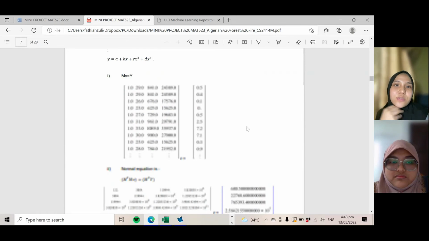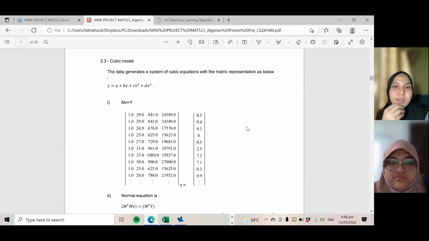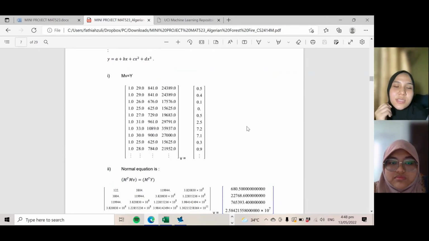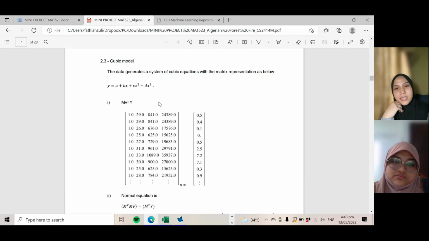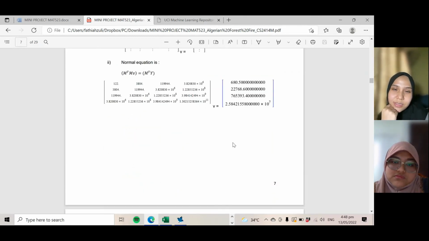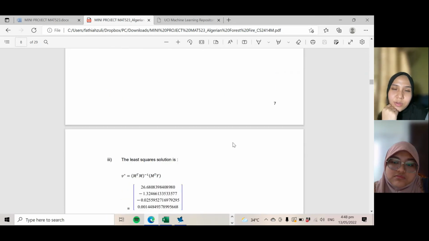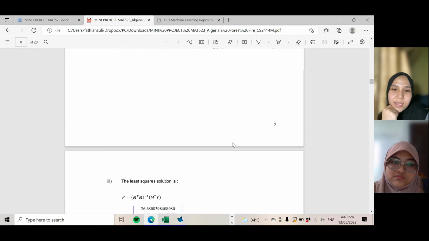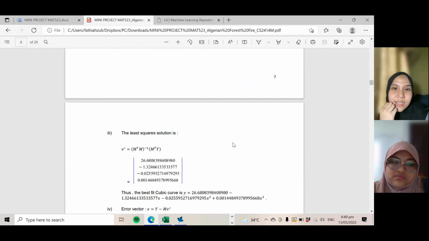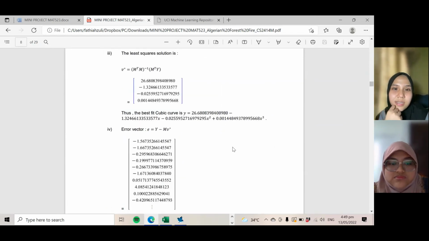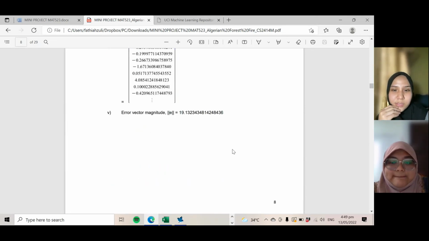Same goes for the cubic model, but for the cubic model we use the equation y equals a plus bx plus cx squared plus dx cubed. The same things: we search for Mv equals y, the normal equation, the least squares solution, the error vector, and the last one is the error vector magnitude.